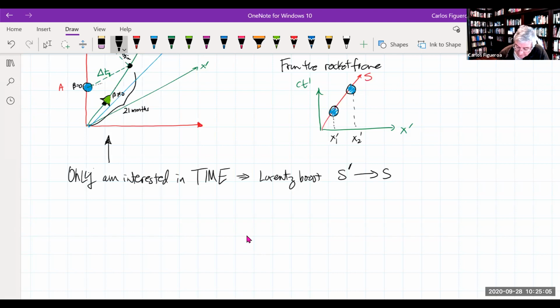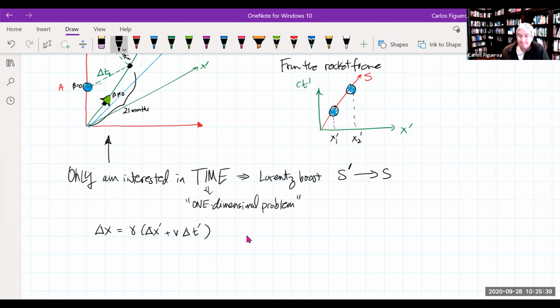So now I'm only interested in time, so this tells me that this is a one-dimensional problem. And what do I mean by one-dimensional problem? Well, I know that the space here, delta x, is going to account for the change in the location here. And I know that if I do this Lorentz boost, then these guys look something like this.